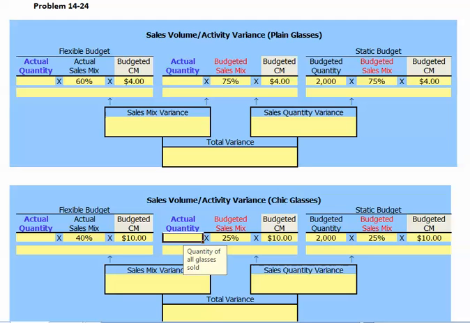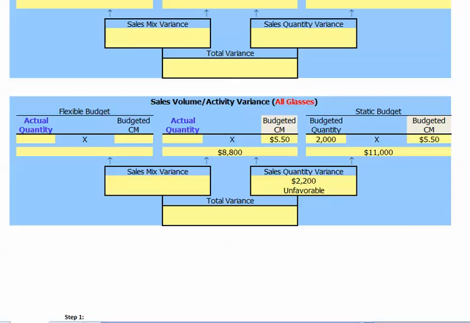We still need to calculate our actual quantity of glasses sold. So that's going to be our next step. If we take a look at our total sales volume variance analysis, we calculated earlier that the center number had to be 8,800 because we had a $2,200 unfavorable sales quantity variance.